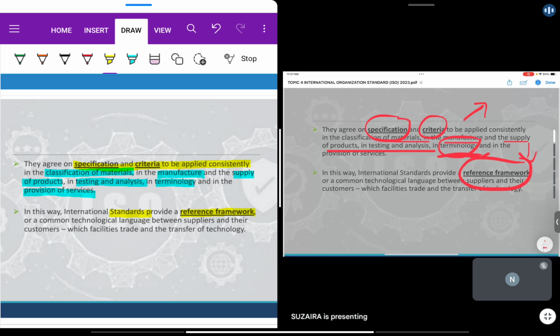That is their requirement. The framework of the reference can be used because it is considered a common technological language between suppliers and their customers, which facilitates trade and transfer of technology. It means that whenever we want to do trade, we need to look at the requirements of the particular country.